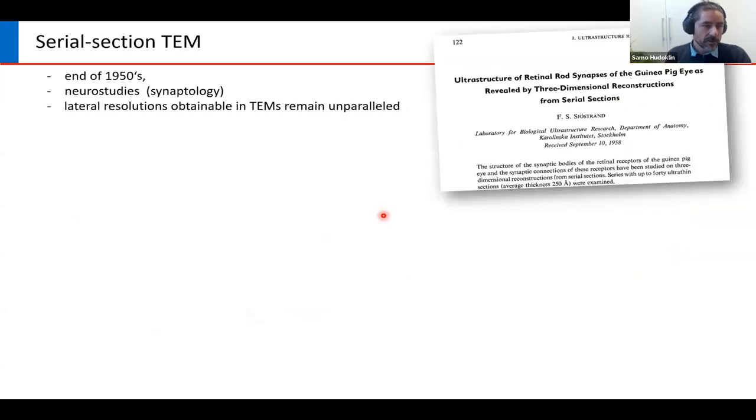Of course, serial sectioning by TEM is the first, easiest, and cheapest method that you can do. It started quite a long time ago, and they were using it to study the nervous system. Because we are doing the analysis by TEM, the resolution is still the best, at least in the X, Y dimensions.